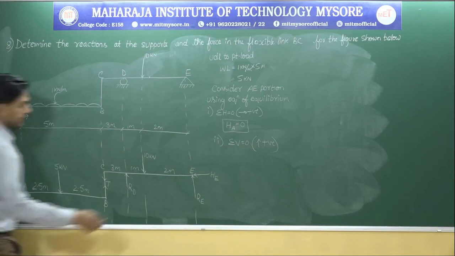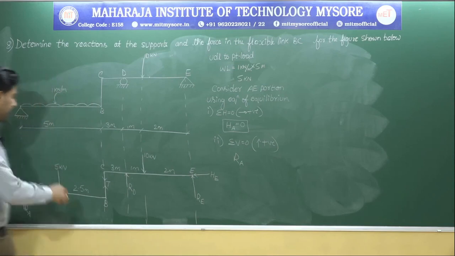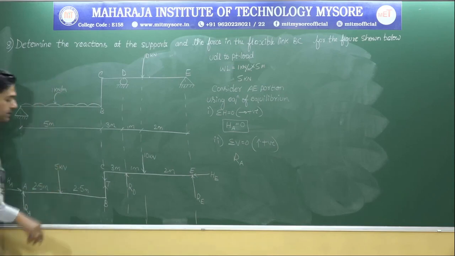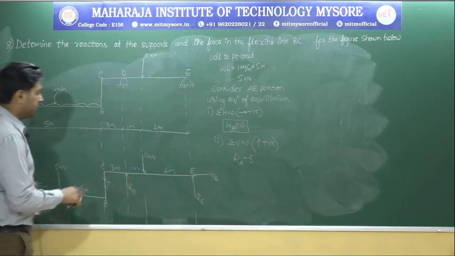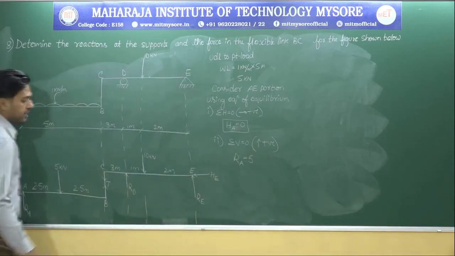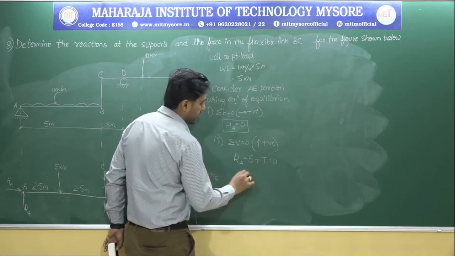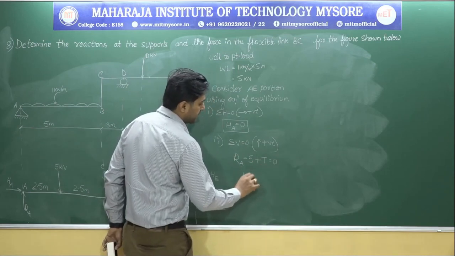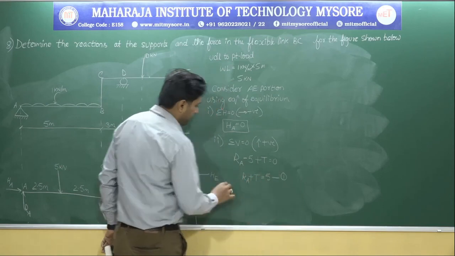RA is acting in upward direction, so positive. Next, we are having a vertical downward force acting in downward direction, so minus 5. Next, we are having T which is acting in upward direction, so plus T is equal to 0. So can I say RA plus T is equal to 5? Let me call this as 1 for the time being.